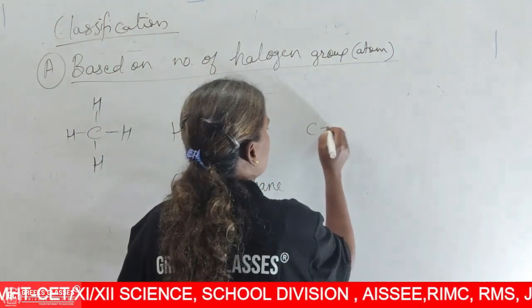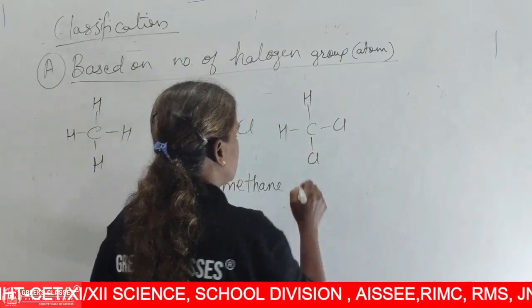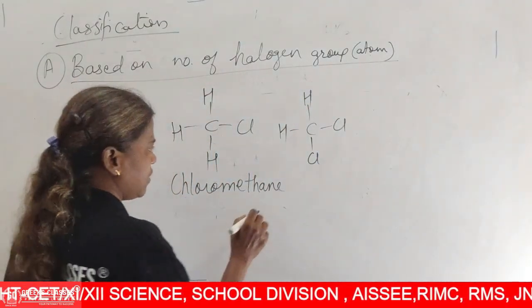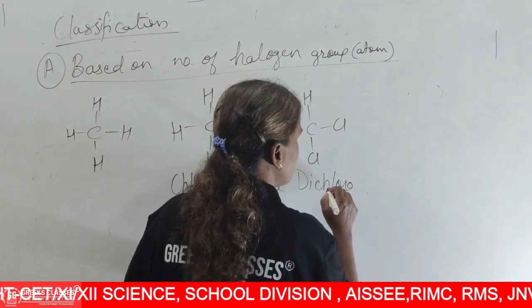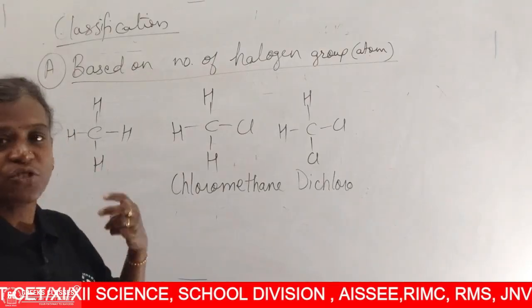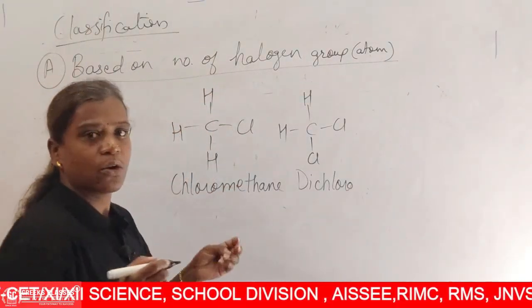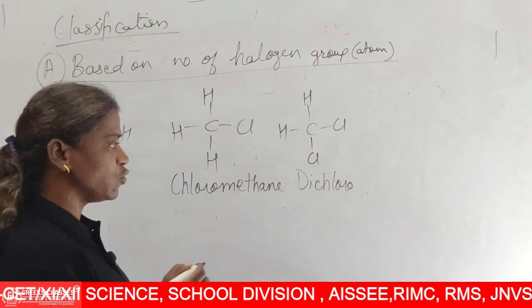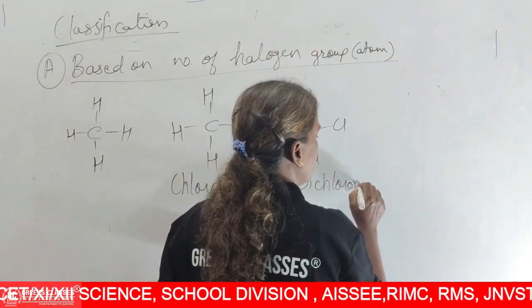If there are 2 chlorines attached, then it is dichloromethane. The prefix di is used because there are 2 chlorines. Accordingly, tri and tetra would be the prefixes used with respect to the number of chloro groups attached. So dichloro, because there is 1 carbon, so it is methane.